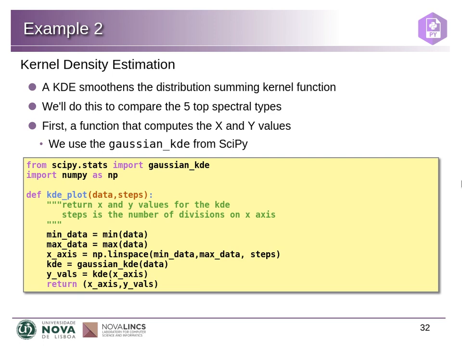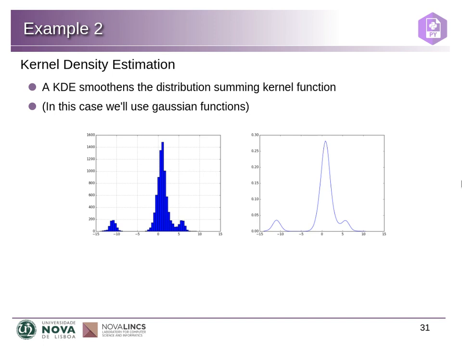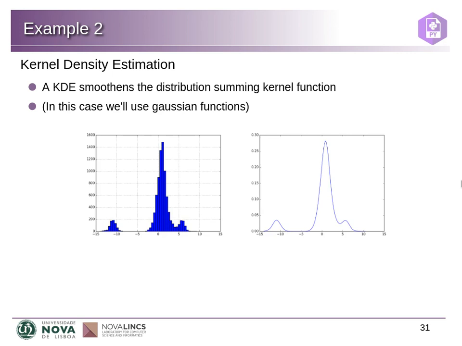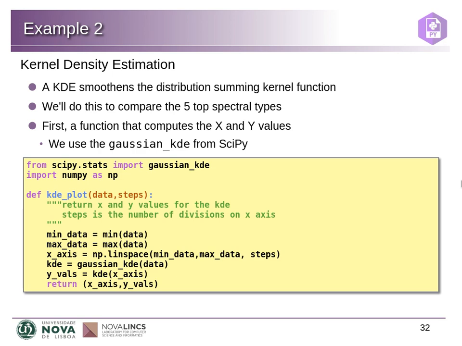So what this object does is it has the distribution of values that I gave it, and if I tell it to compute the value in some specific point, it will add all the Gaussians there and tell me how much it is. So it's doing this operation for all the points that I have. And this is what I get here. So I get the epsilon values for drawing from the kernel density estimation, and then I return both things for the plot, the x and the y values.